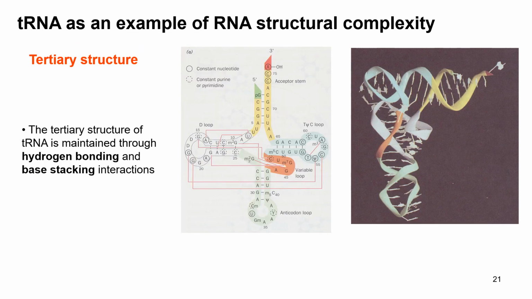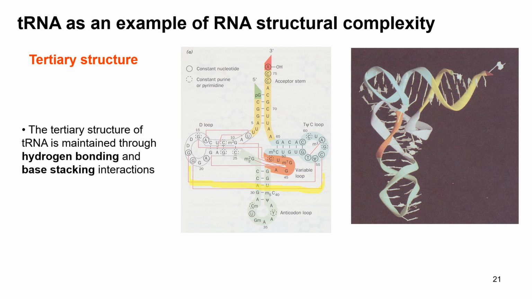Finally, we have the overall tertiary structure of tRNA, and on the right, we have the first crystal structure of tRNA from 1974. There are extensive interactions between the D loop and the C loop that help the tRNA to fold into its compact structure. And the regions are color-coded in the same way in this diagram on the left, as well as in the crystal structure.